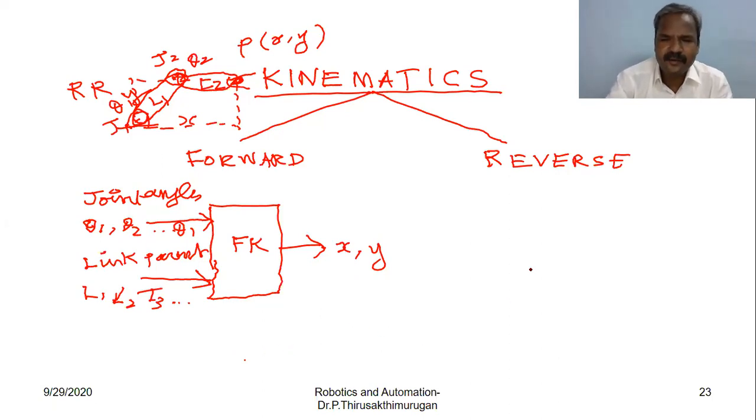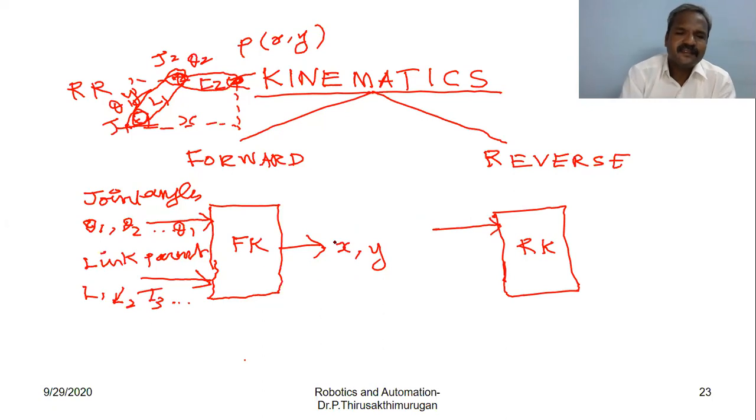The same concept applies in reverse kinematics. X and Y are called world space coordinates, and the joint angles theta 1, theta 2 are called joint space.